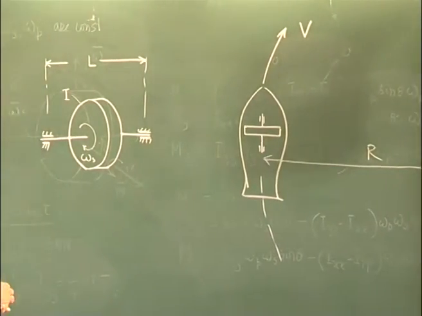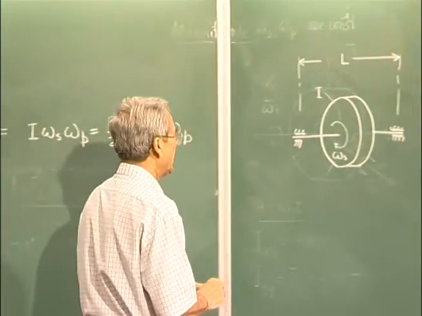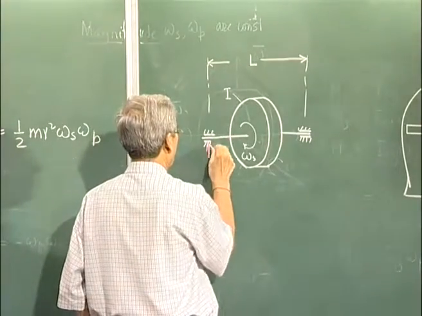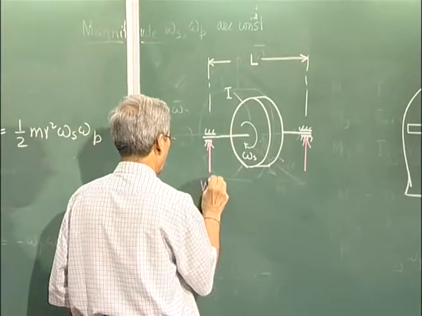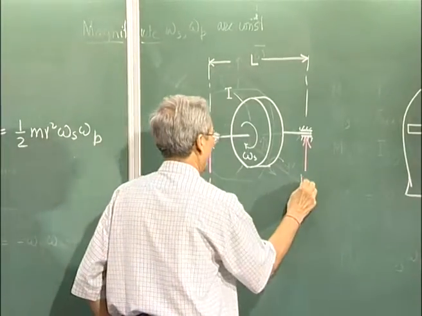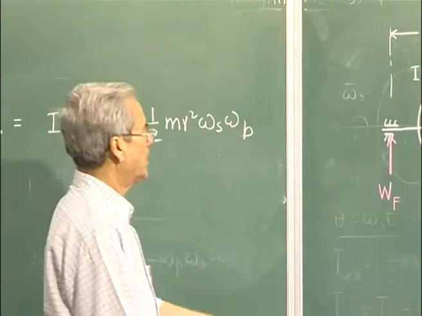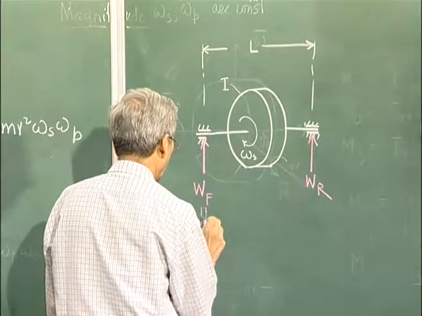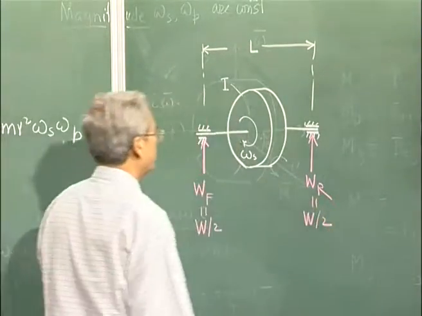When it is going straight, the only thing the bearing will have to support is the two parts of the weight. If it is exactly at the center, then this is going to be total weight by 2, this will be also total weight by 2.